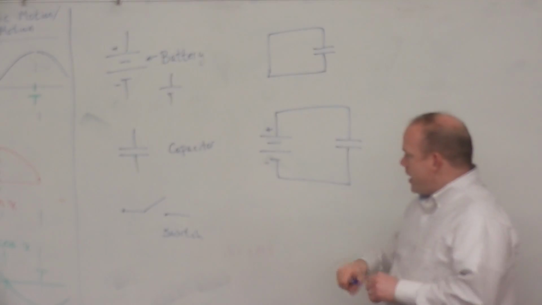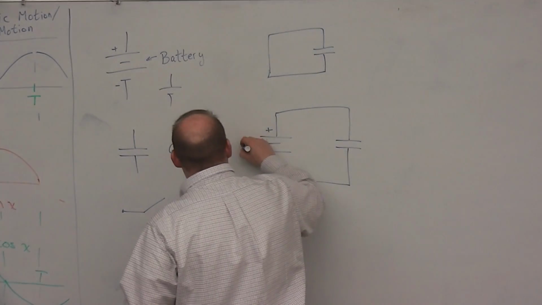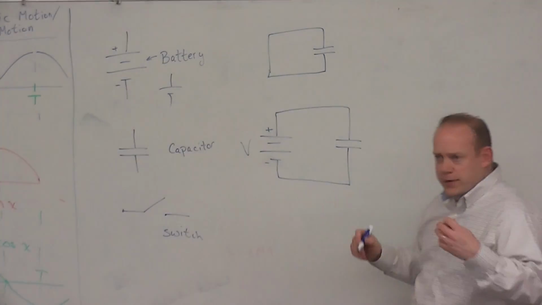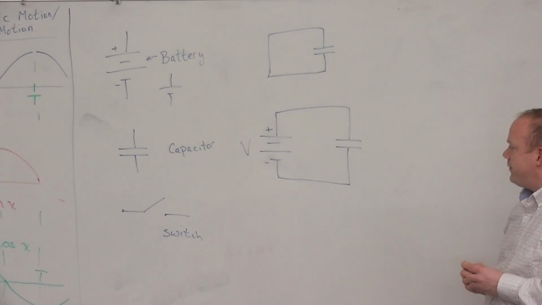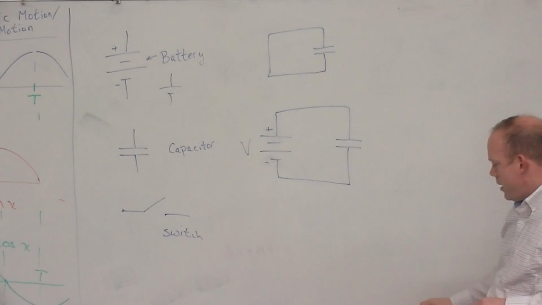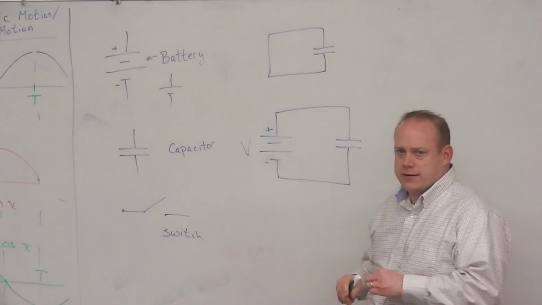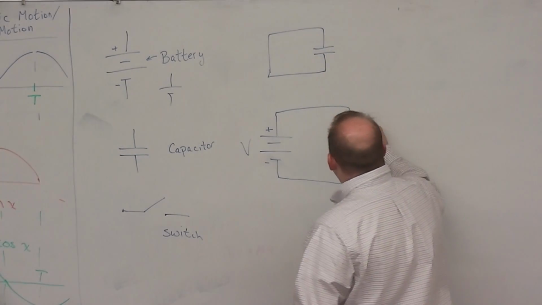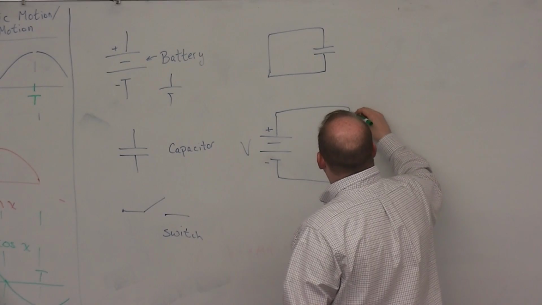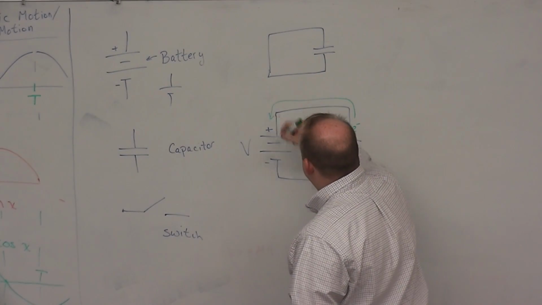I have this battery. This battery has a potential V. It's really a potential difference, but we've come to call it just V at this point. What's going to happen? It has a positive end. What's attracted to a positive end? Electrons. And as we know, electrons are what flow through each circuit.